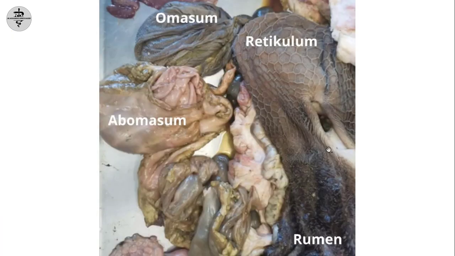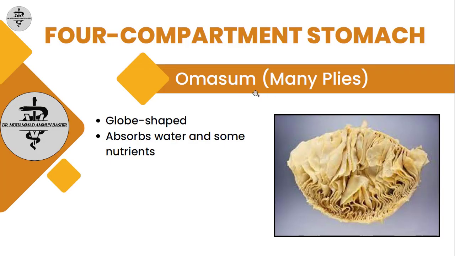Here is the anatomical description of the four compartment stomach of a cow. The rumen is shaped like a towel, while the reticulum is honeycomb shaped. The omasum carries many plies, because there are many folds inside it, and it is globe shaped. The omasum can absorb water and some nutrients as well.